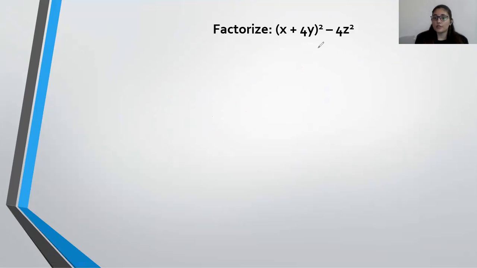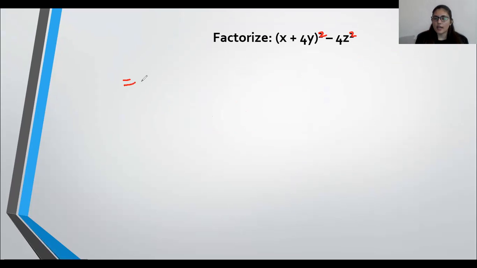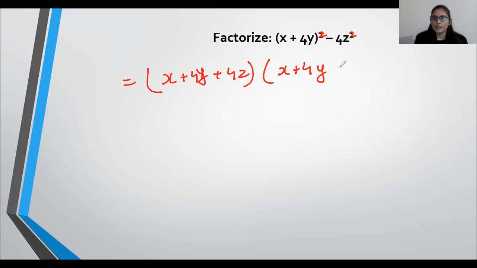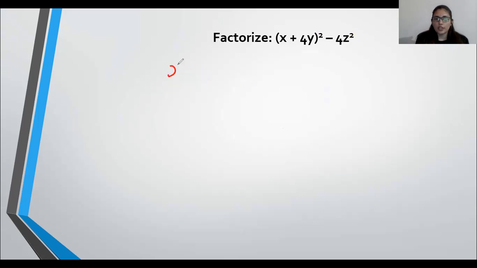You can observe here that squares are present. So let's make use of our identity, A square minus B square, it is A plus B in one bracket, then A minus B in the other. But before that, one thing. First you're going to check your question.